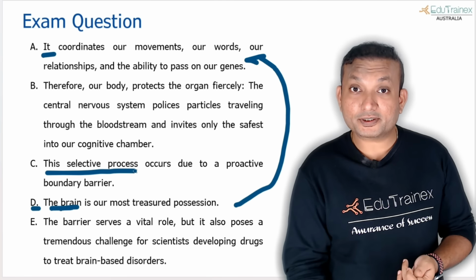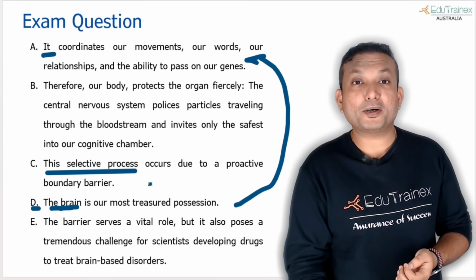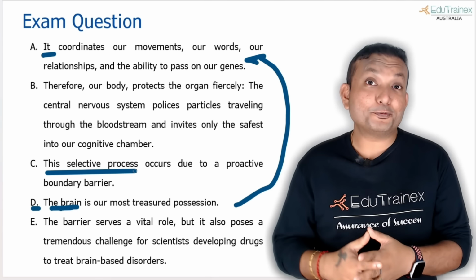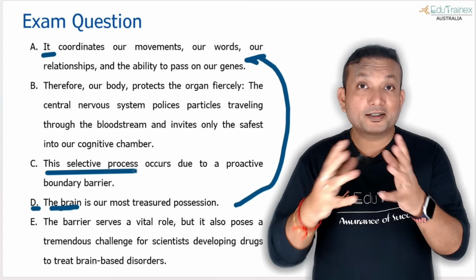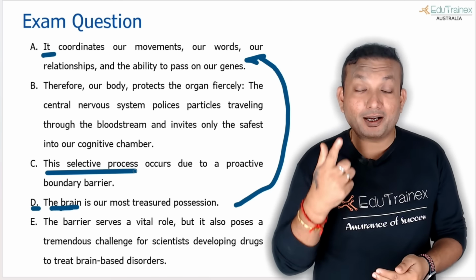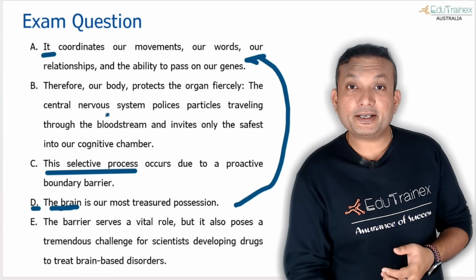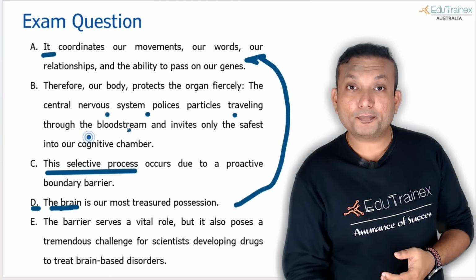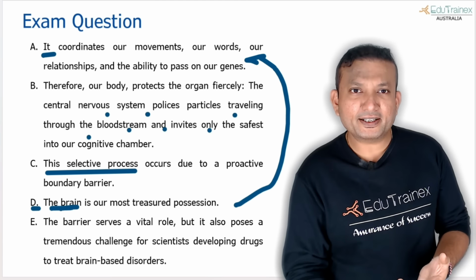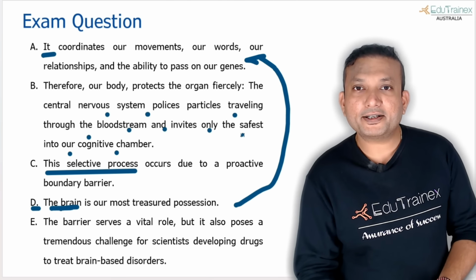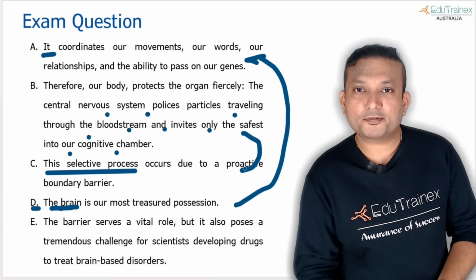This selective process occurs due to a protective boundary barrier. Now this selective process, as I told you before, a whole sentence describing a process can be pointed out with a pronoun. So this selective process is actually describing how the brain is selecting something, which is described in this sentence. So this sentence will be the next one after this.